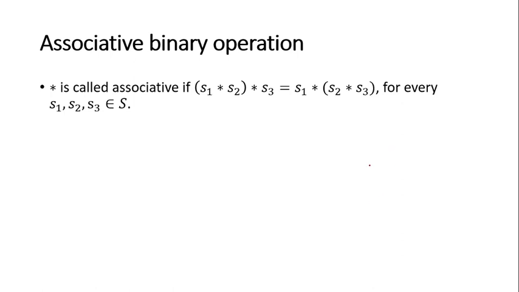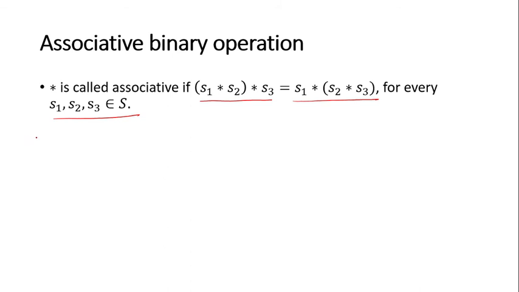Then I am going to explain what an associative binary operation is. A binary operation is said to be associative if (a star b) star c equals a star (b star c) for every element of S. For example, I consider the previous example.